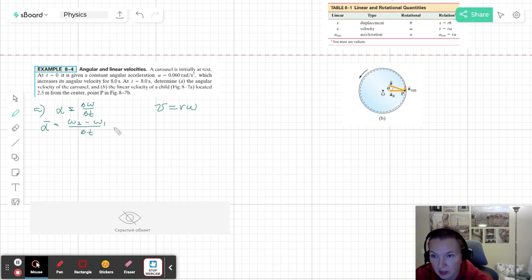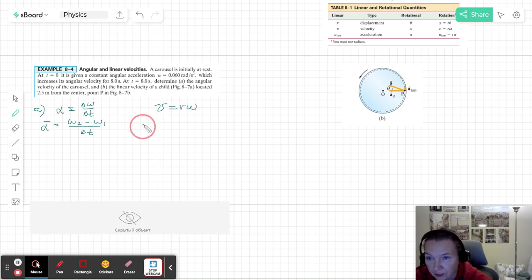We know that delta t is 8 seconds. We know the average acceleration was 0.06 radians per second squared. And omega 1 was equal to 0 because the carousel was initially at rest. So let's plug in the numbers.